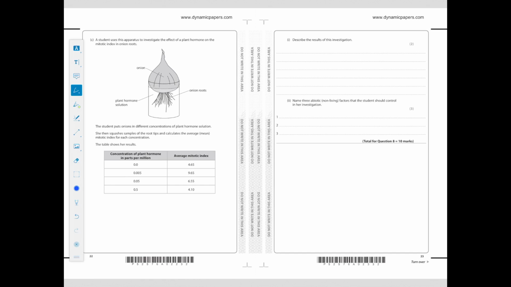There is a mitotic index. So let's make that point first of all. And where does most mitosis occur? Well, it's when the concentration of plant hormone is 0.005.